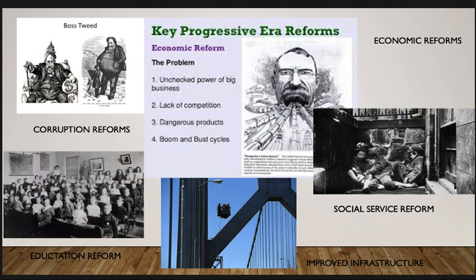Previously, when we talk about government getting involved, we're doing things like tariffs or compromising or trying to restore the union or dealing with foreign affairs, regulating currency. Government really hasn't been involved in societal things.